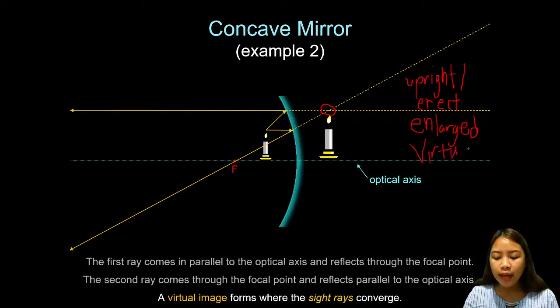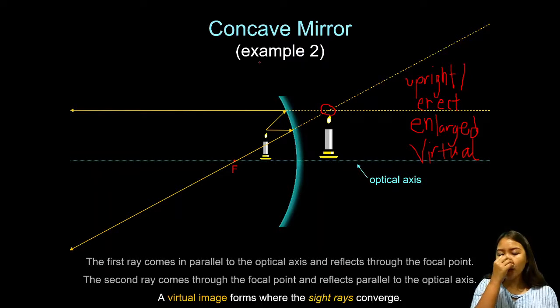Basta, class, if your image is formed on the opposite side of the object and it is upright or erect, meaning it is virtual. So, this is the type of image formed using our second example.